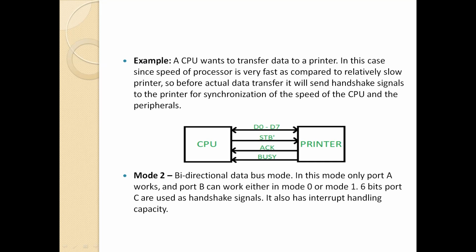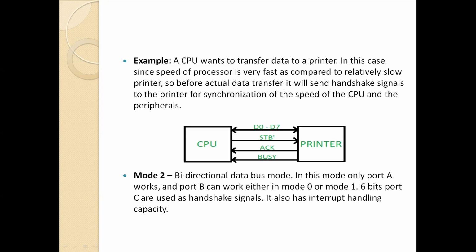Since the speed of the processor is very fast as compared to the relatively slow speed of the printer, before actual data transfer, it will send a handshake signal to the printer. This handshake signal is given by the strobe signal, that is the STB signal, to the printer for synchronization of the speed of the CPU and the peripherals.